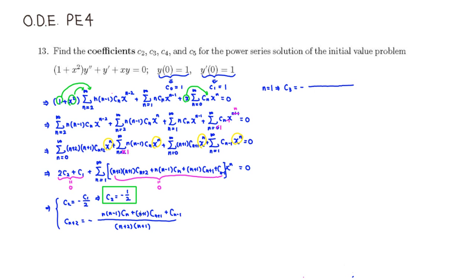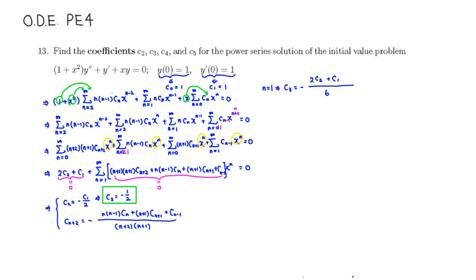So we have 2 times C2, plus C1 (this was C0, which is 1 anyway), then divide by 3 times 2, which is 6.